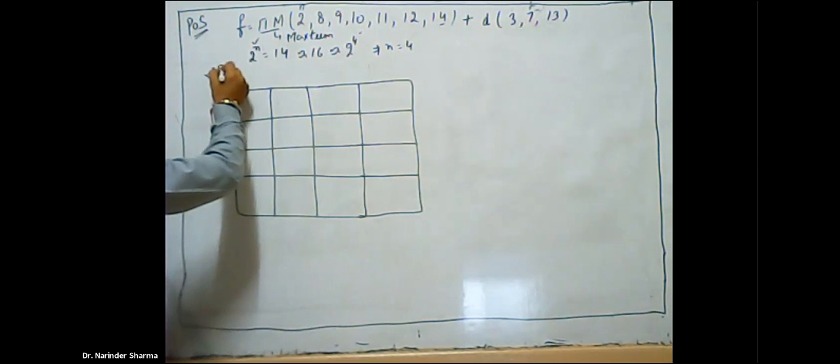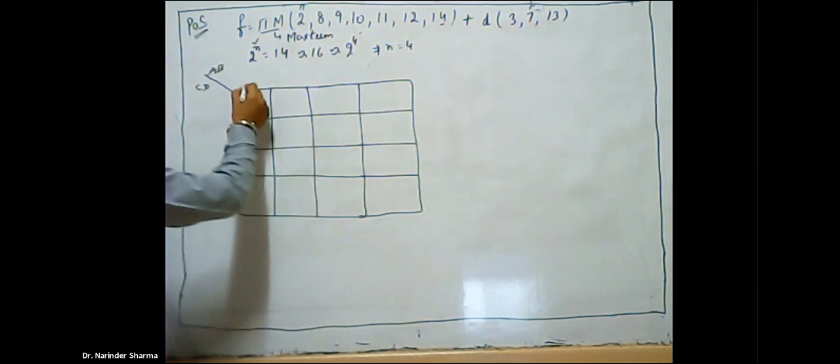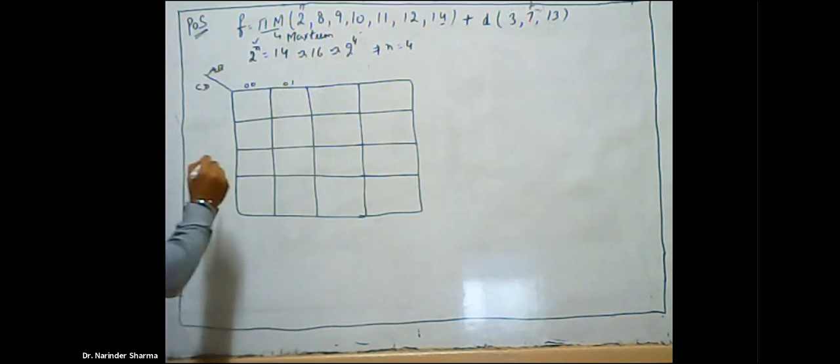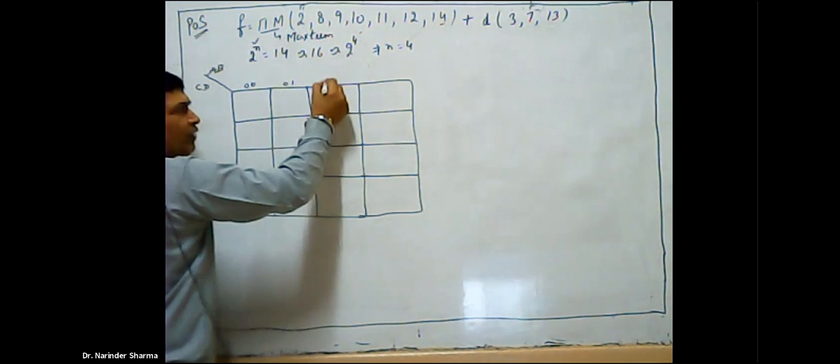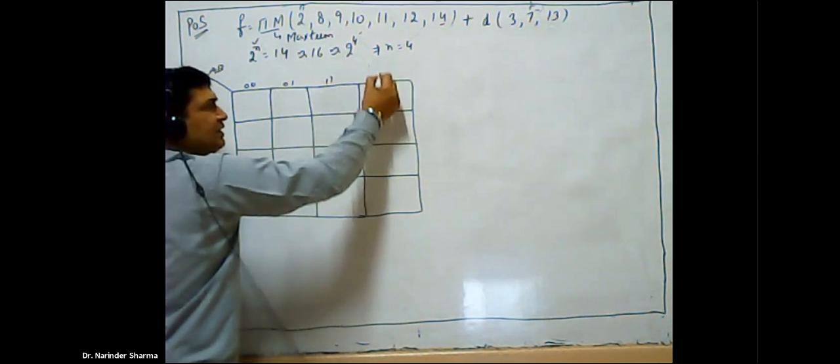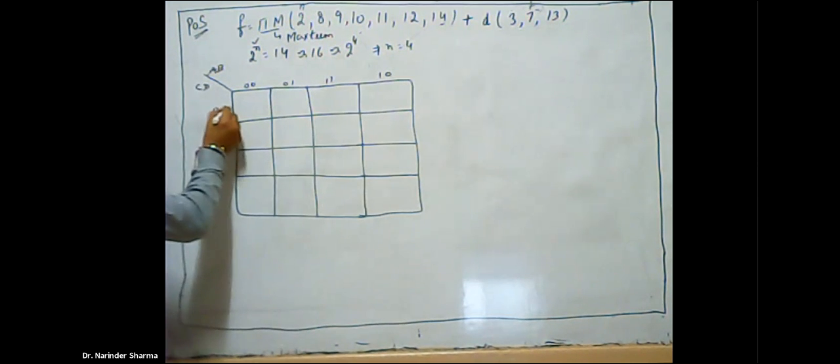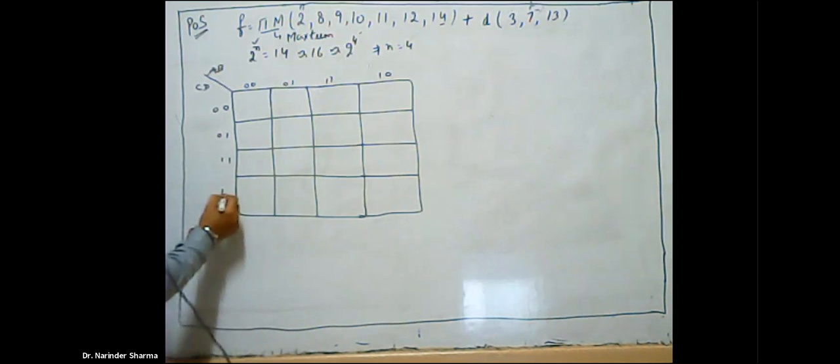Mark your variables AB, this is CD. This should be 0 0, 0 1, 1 1, 1 0, again 0 0, 0 1, 1 1, 1 0.